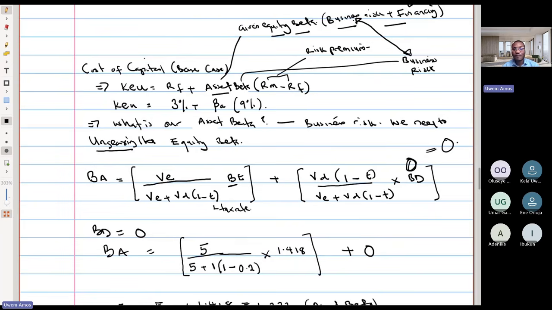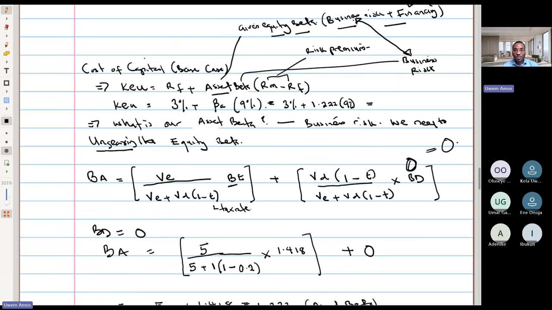So let's put it inside what we have here before and find our value. That would basically be 3% plus, we've calculated our beta asset as 1.222, multiplied by 9%. You can decide to convert all of the percentages to decimals, and then when you find your answer, convert it back, or just multiply directly.